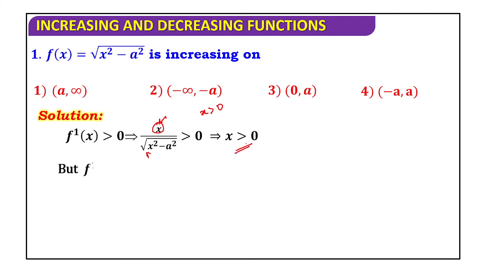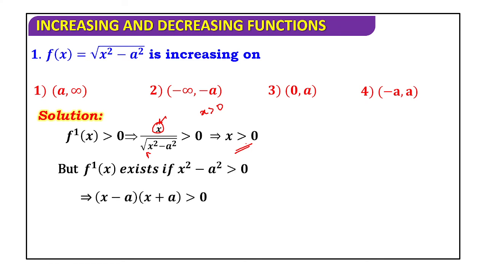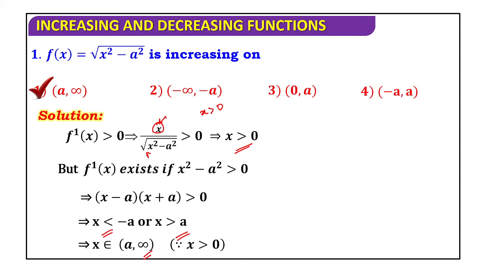So therefore you can just see if x is lesser than minus a or if x is greater than a, and x belongs to a comma infinity. Clear? So from this you can see that option 1 is our right answer.